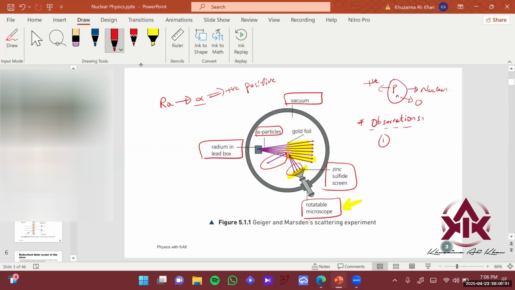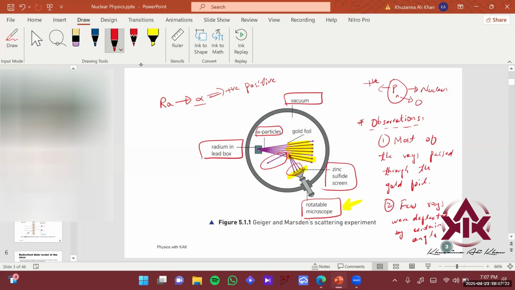So the first observation is that most of the rays passed through the screen, through the gold foil, right? And the second observation was that a few rays were deflected by a certain angle, right?